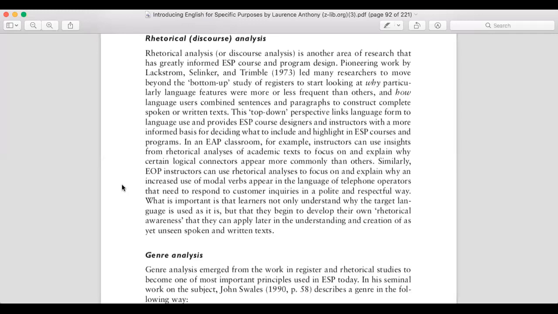Okay, you might try to teach them those structures that are a frequent part of their workplaces or their classroom practices or their need for particular purposes. Okay, so that is how you are going to make use of register analysis, right?